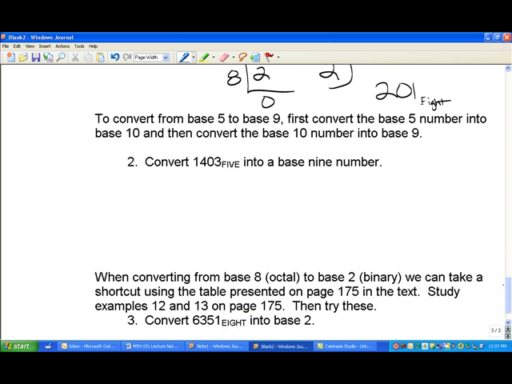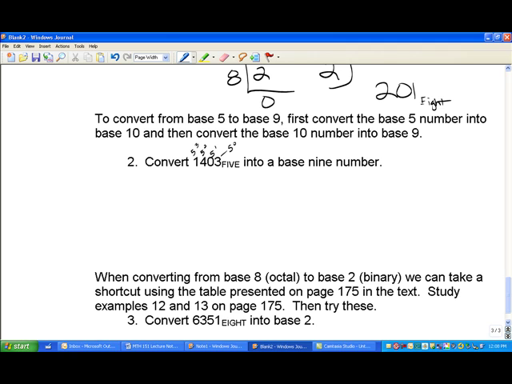Now, if we are asked to convert from a base other than base 10 into another base other than base 10, we have to do a two-step process. What we initially do is convert to base 10.